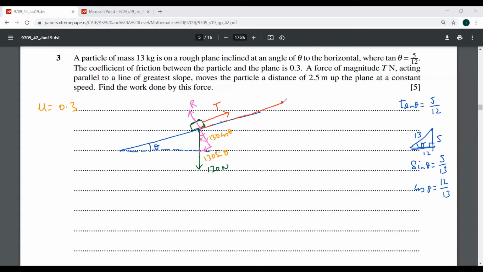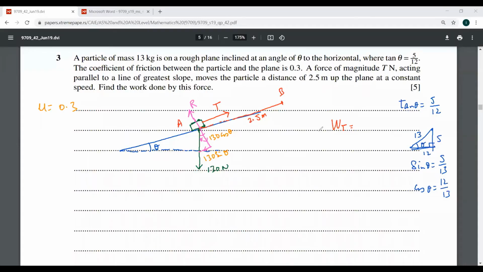Let me call this point over here A and here is the point B. And this has gone up a distance of 2.5 meters. With all this given information, it says find the work done by this force. So we have to find the work done by this force, the tension.